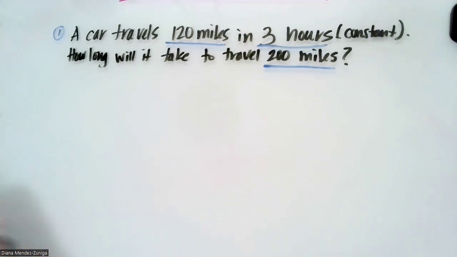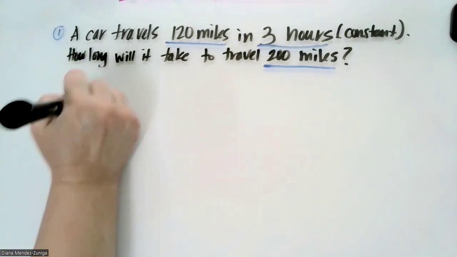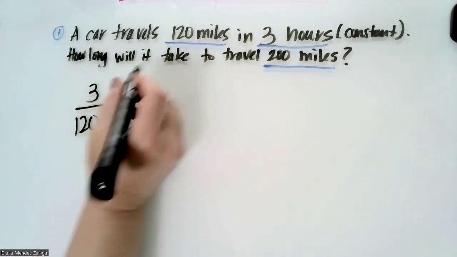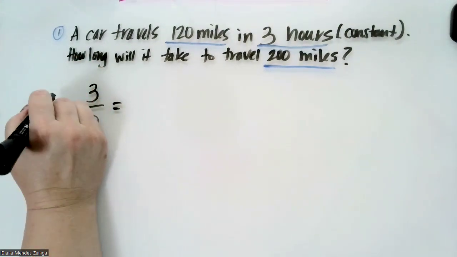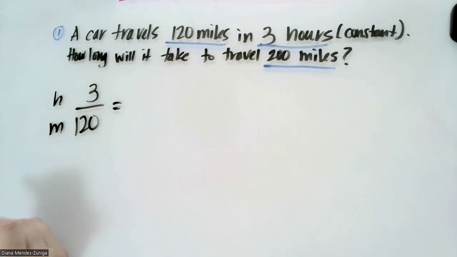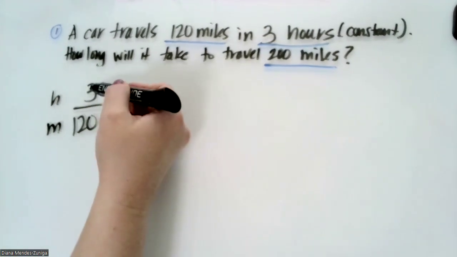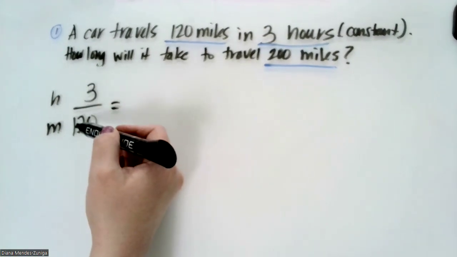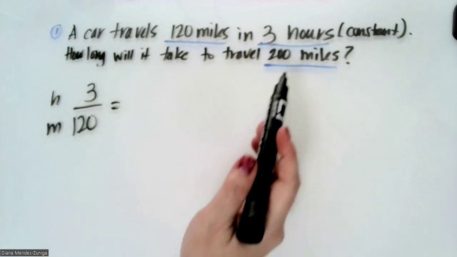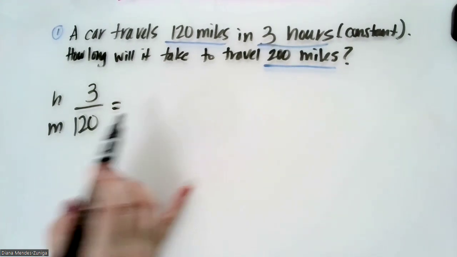So let's look at it a different way. What if we did 3 hours and 120 miles? Okay, so this would be hours, and this would be miles. Now, this is fine. You can do it this way too. You don't have to have the 120 on top, as long as you have one on the top and one on the bottom. And as long as when you go to do this, you match up the hours with the miles.